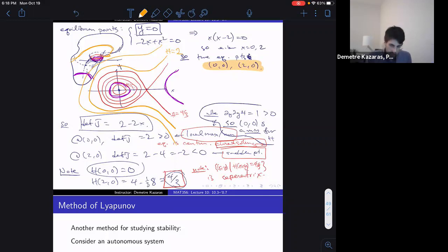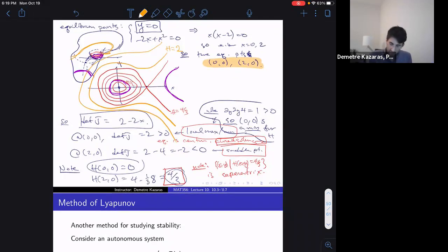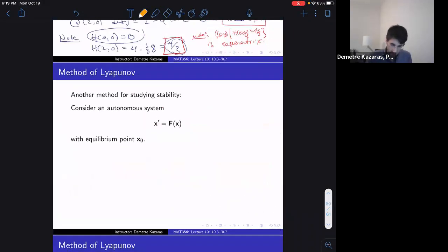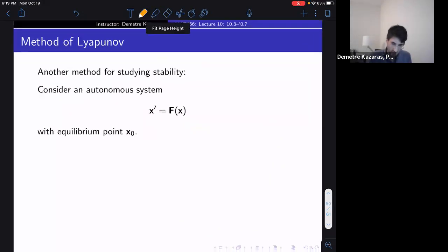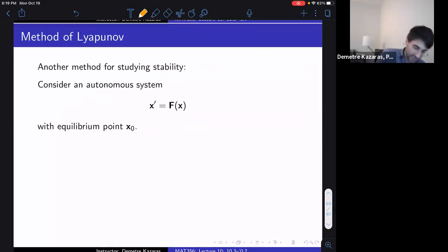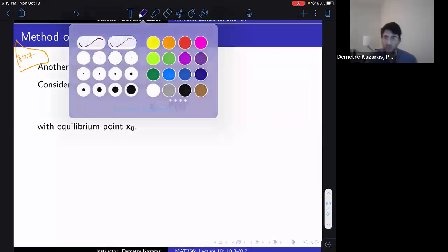All right, now let us move on to the next section. This is split up a little bit. Okay, so let us look. This is section 10.7. Let's try to develop a new trick in our bag of tricks.